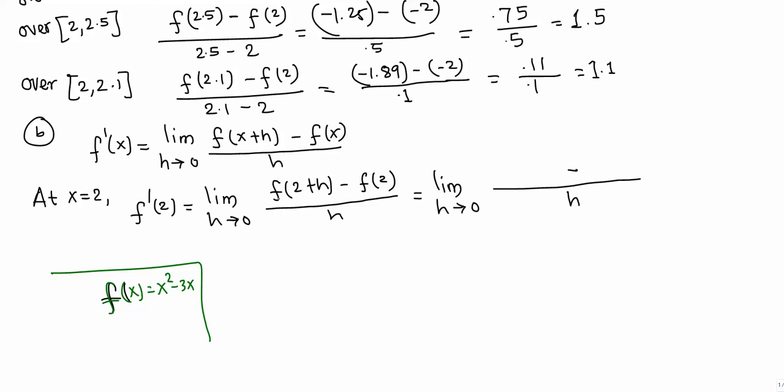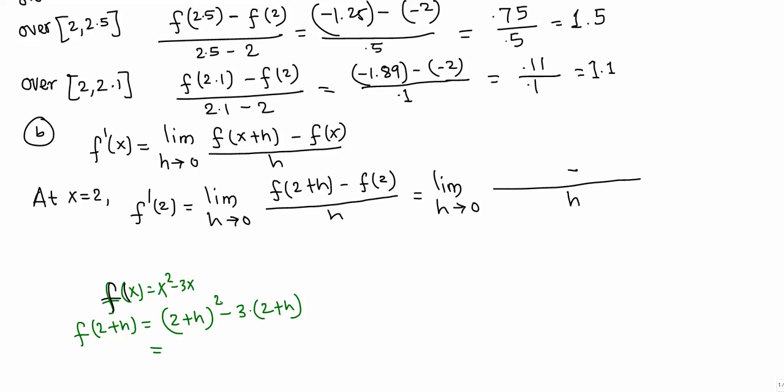Now we need to find what f(2 plus h) is. So f(2 plus h) is equal to, simply replace x by 2 plus h. f of input is equal to input squared minus 3 times input. Now our input is 2 plus h, so f(2 plus h) is (2 plus h) quantity squared minus 3 times (2 plus h).